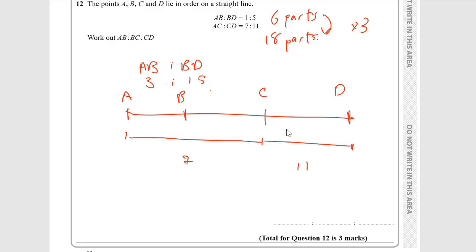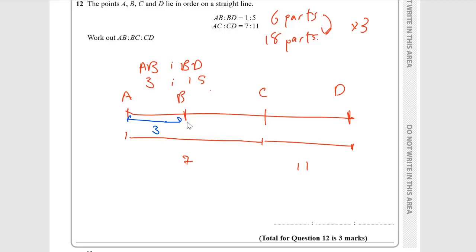So we know that this is going to be 3. Sorry, beg your pardon. So just to reiterate, AB is going to be 3.